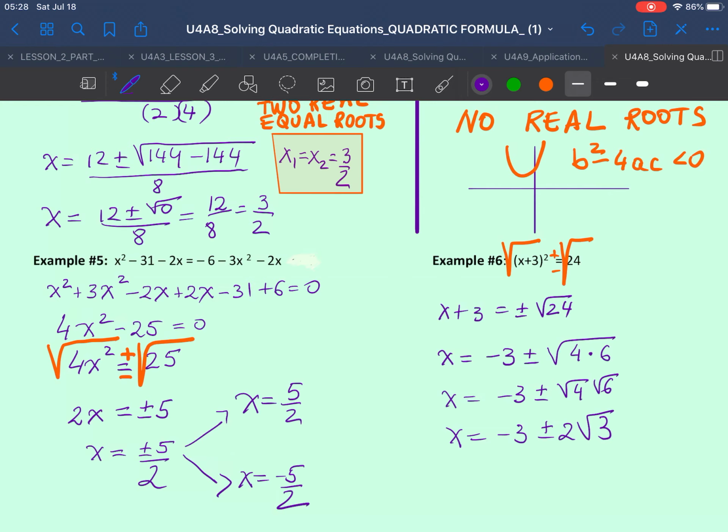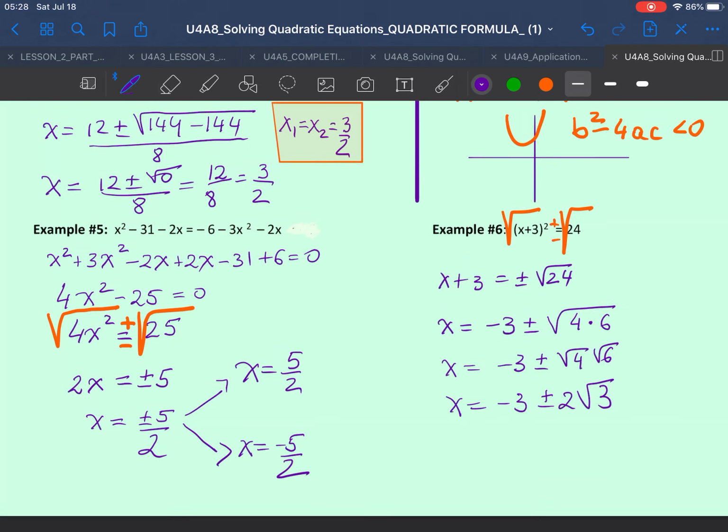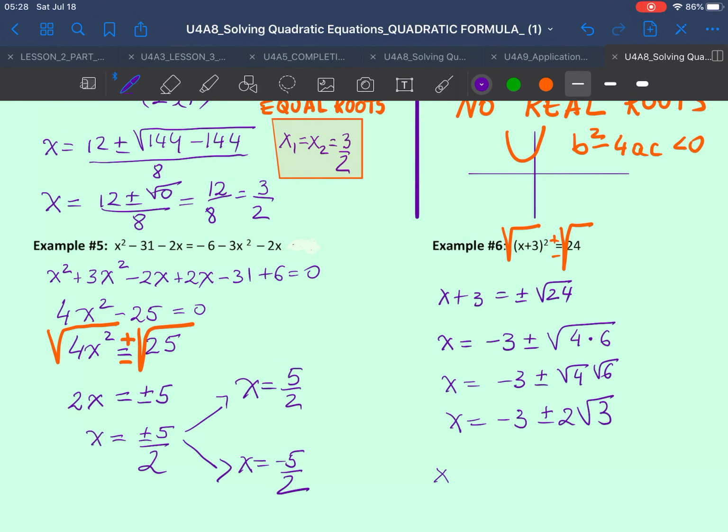Do not worry about how we simplify the radical numbers. I don't think it's something that you've learned in this course. You will look into it in grade 11. For now, we're just going to state the roots, negative 3 plus 2 root 6, or negative 3 minus 2 root 6.